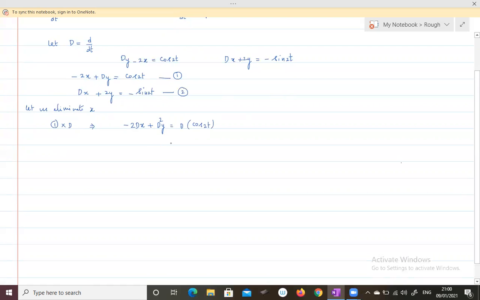On simplification, the differentiation of cos 2t is minus 2 sin 2t. This is minus 2 into Dx plus D square y. Let me call this as number 3. And multiply the second equation by 2 so that we can get the same coefficient of x.